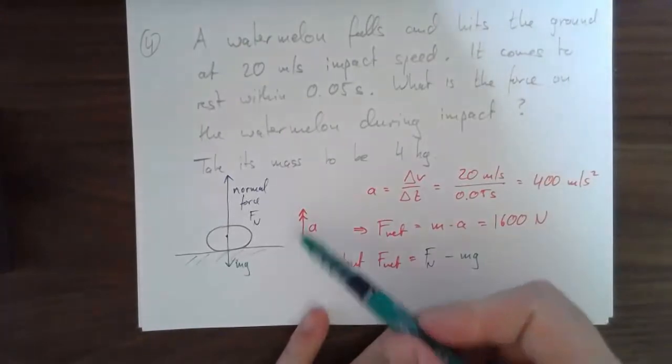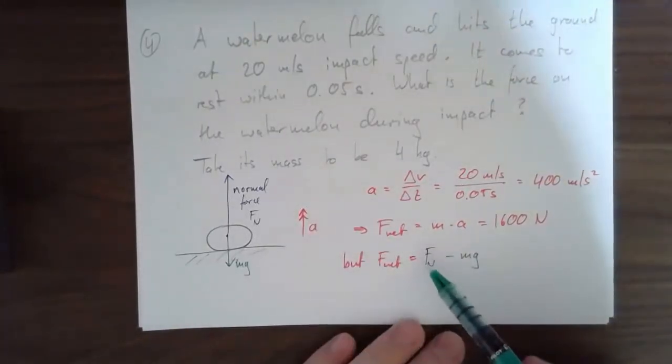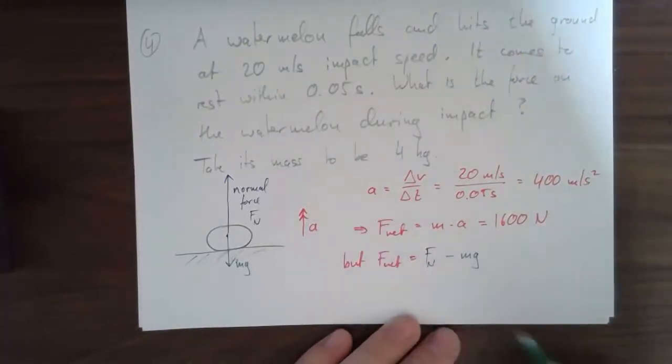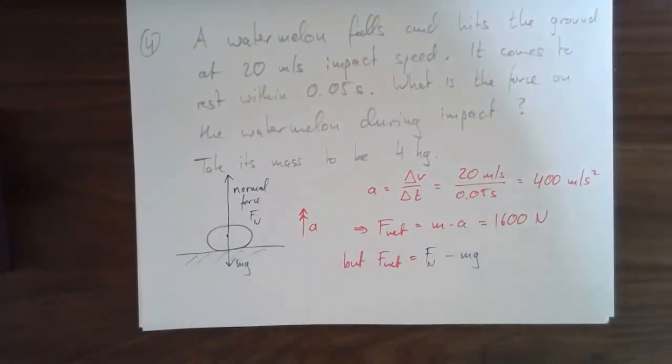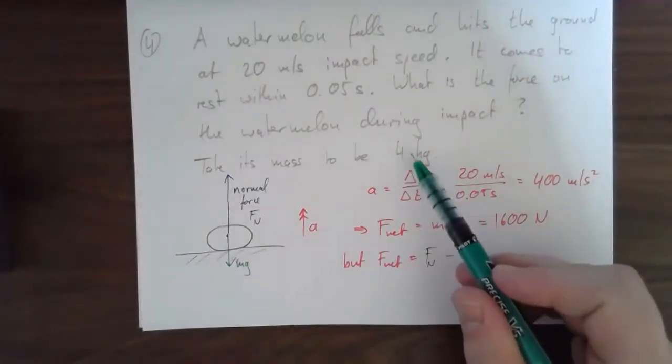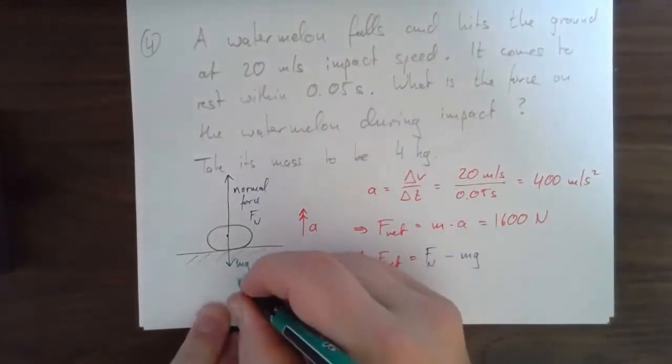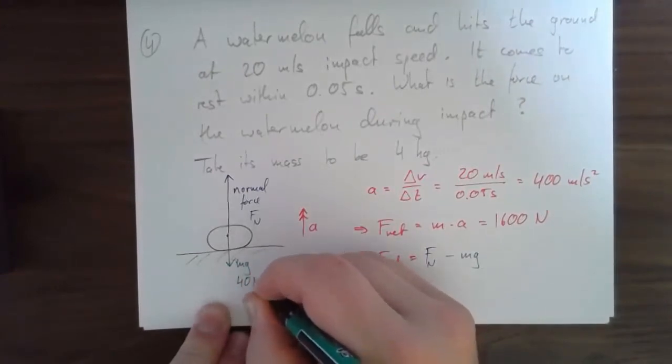And we just said we pick up as positive, right? Our normal force is assumed positive, it's up. So subtract mg. And so mg, I know the value of it, of course, because I've got a 4 kilogram watermelon. g is 10. So this here is 40 newtons.